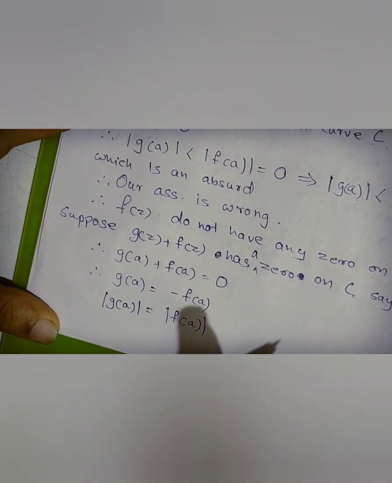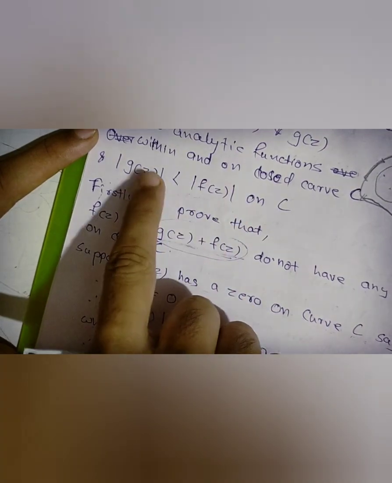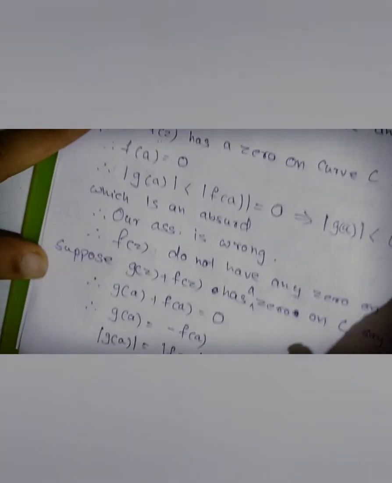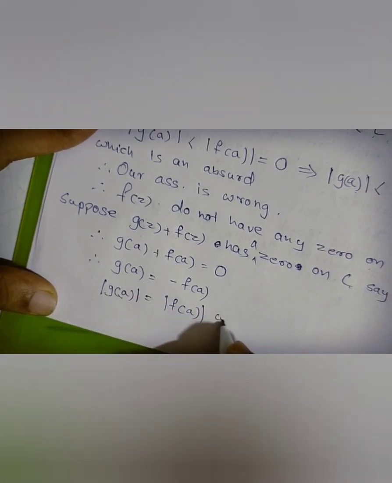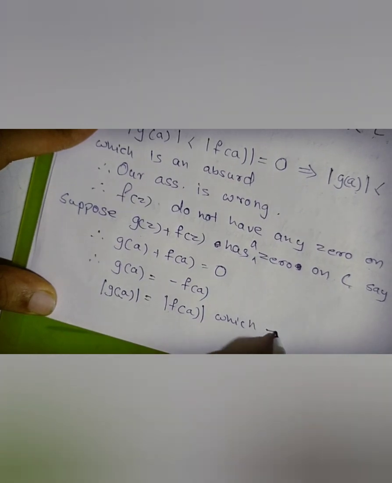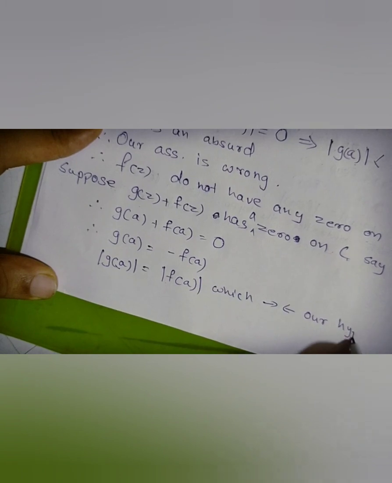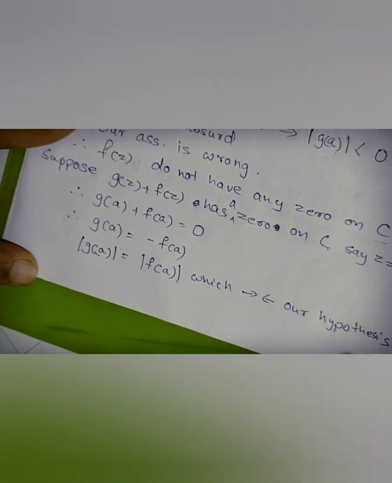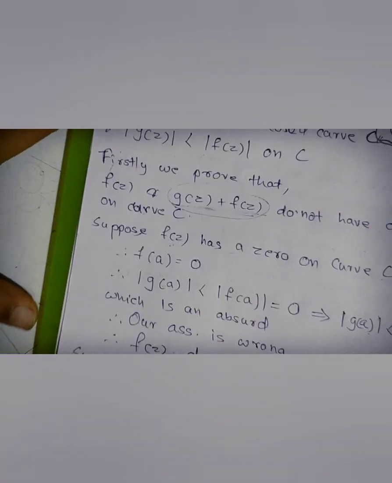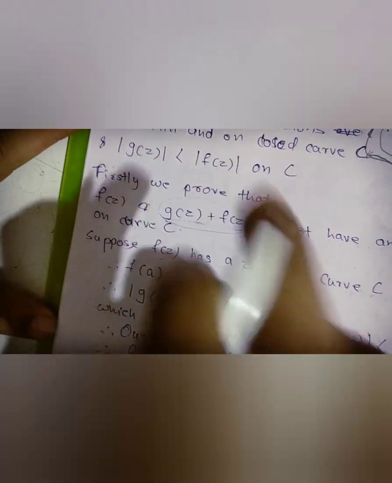But what is happening over here? This is contradicting our fact, which clearly states that this should be less than this. So that hypothesis is arriving at a contradiction over here, which contradicts our hypothesis, or we can say it contradicts our fact that mod of g of z should be strictly less than mod of f of z.